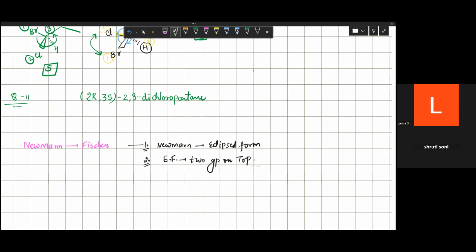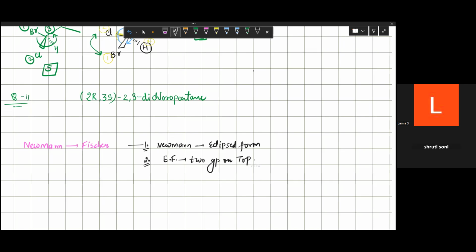Identifying all the groups, yes. Where you said, if the fourth priority group is on a dash, then you don't have to change, but on a wedge you do. And the groups in Fischer: if Newman is in eclipsed form, how we will convert it into Fischer, that part.